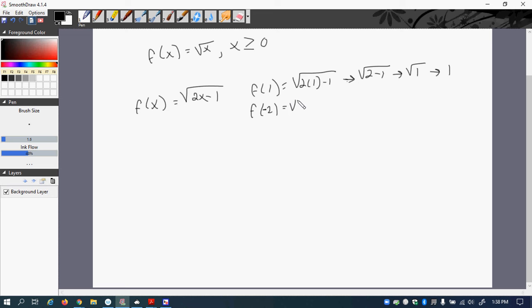So I'll put that in. So that's 2 times negative 2 minus 1. And so 2 times negative 2 is negative 4. And then the square root of negative 4 minus 1 is the square root of negative 5. And so we cannot have a negative inside the square root.